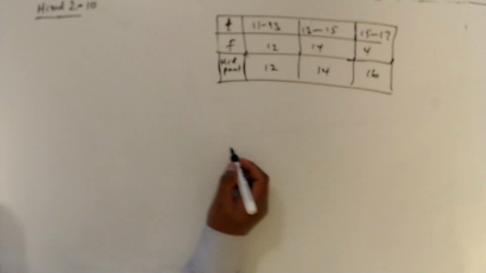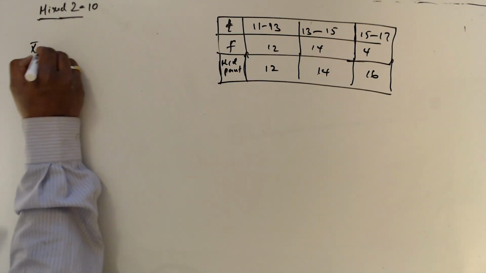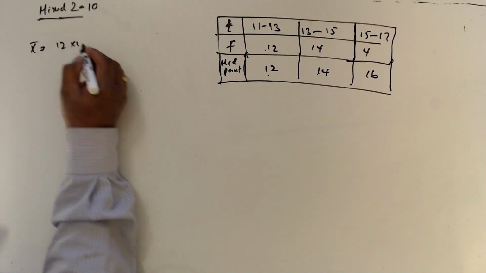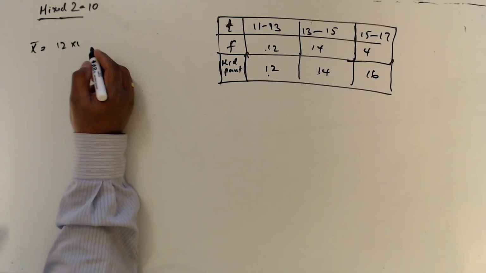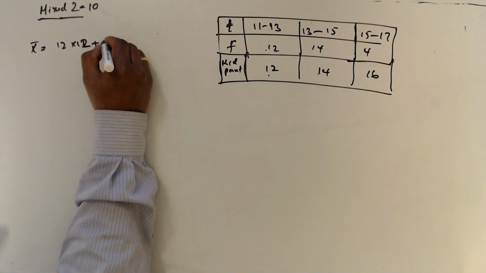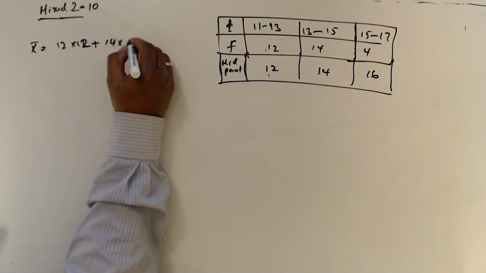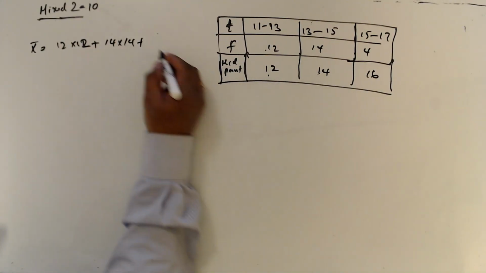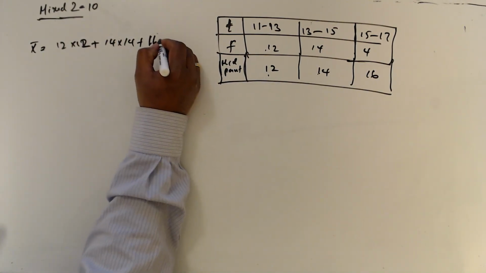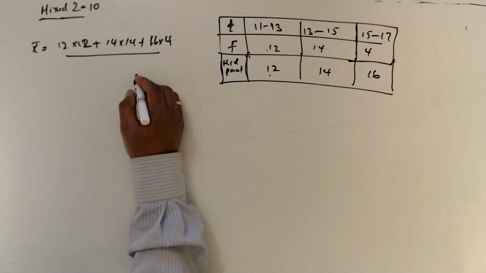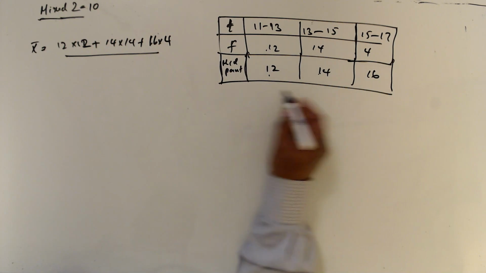Then x bar is 12 times 12 plus 14 times 14 plus 16 times 4 divided by what is the summation f?